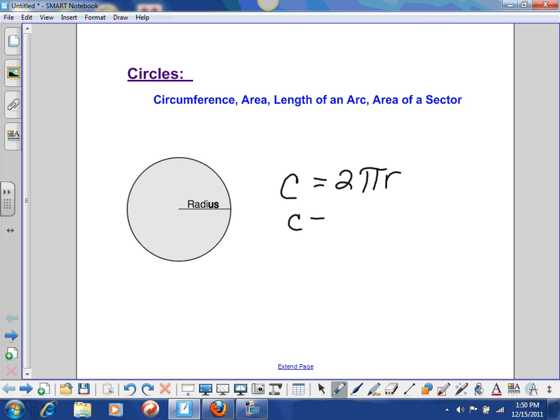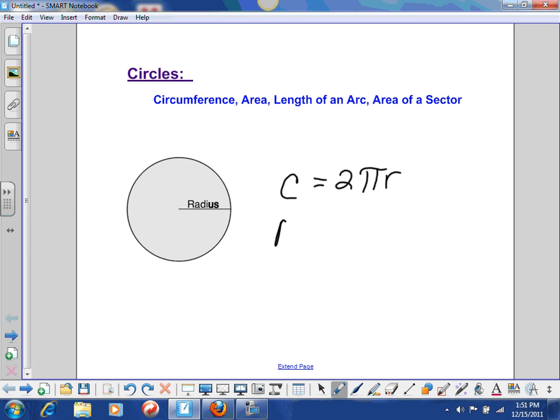So this is also equal to pi times 2 times r, and twice the radius is the diameter, which leads us to the other way of writing the circumference as pi times diameter. For this one, we're going to use 2 pi r, even though you could use pi times diameter. So that's the circumference. That's as if we were walking around the outside of the circle.